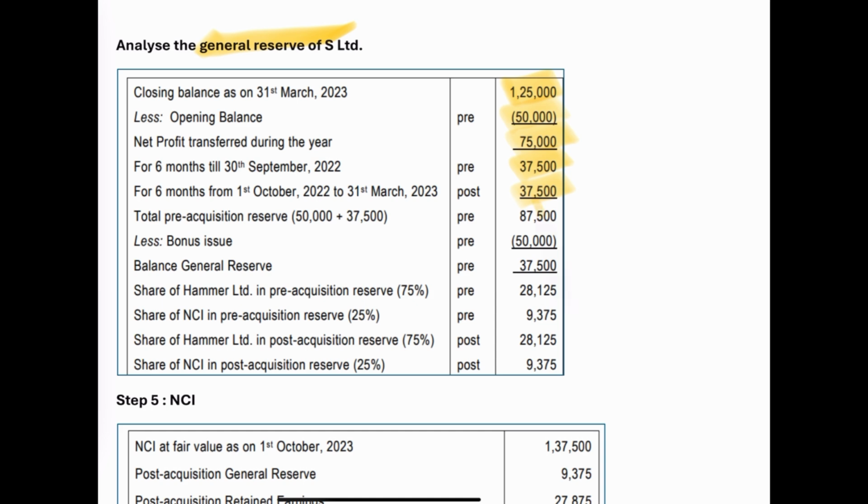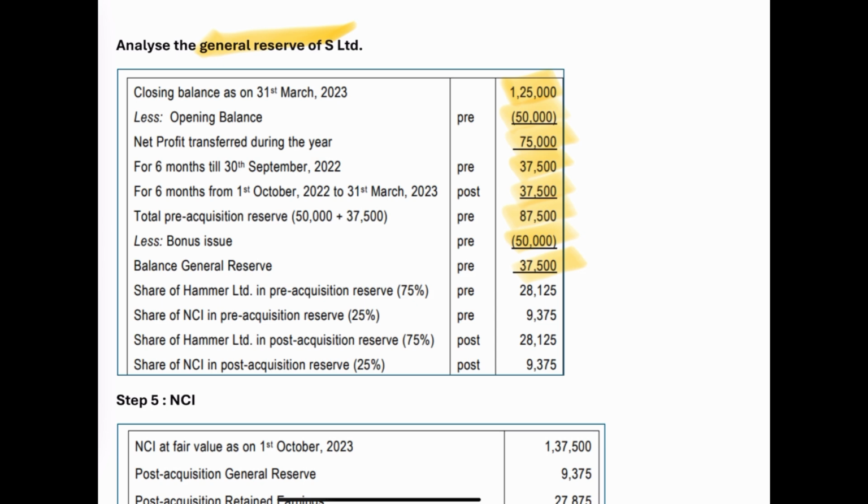So opening would be 37,500 plus 50,000, which adds to 87,500, and it has been given that from the opening the bonus issue has been made. The bonus issue is on a 10:1 basis, which is actually 10% of 5 lakh capital, that comes to 50,000. So the balance general reserve is 37,500 from the opening.